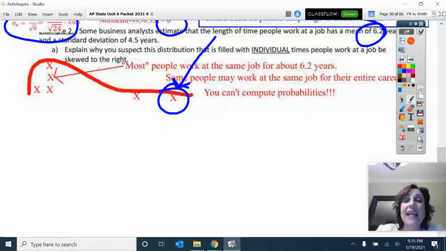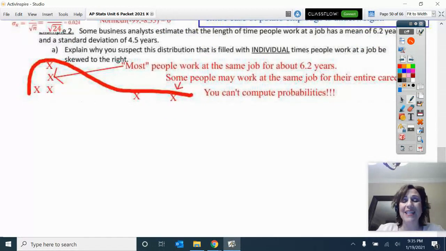He started and ended at the same location. It wasn't the same position for all those years, but he was with the same company for his entire career. So you get some people way out here, and then a lot of people at the average. Therefore, you do not have the right to do normal model math.